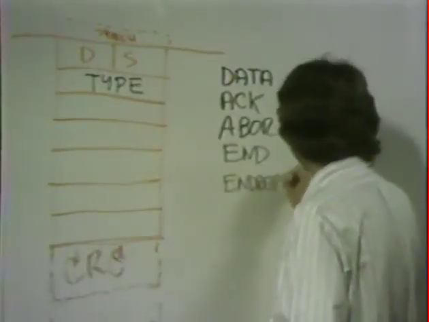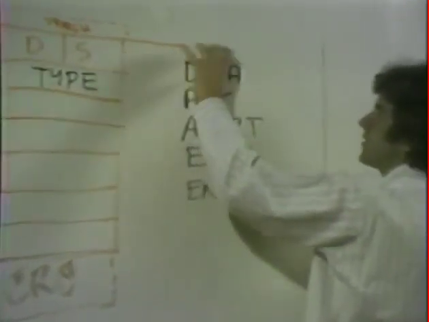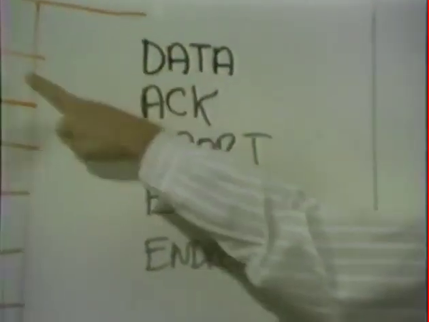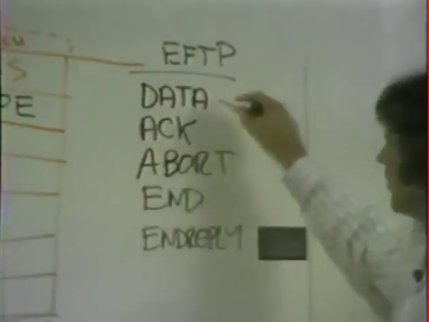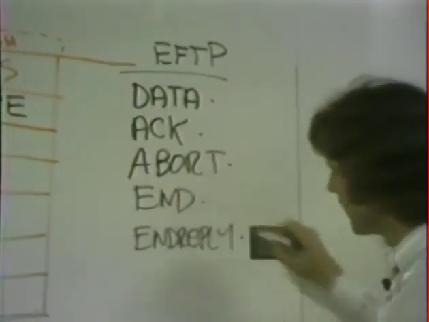And these are the English words used to convey the semantics of these packets to you. That is, there is a number which, when plunked down into this 16-bit word, indicates to the receiving station of a packet that this is an EFTP data packet. There's another pattern which indicates an acknowledgement, an abort, an end, and an end reply.